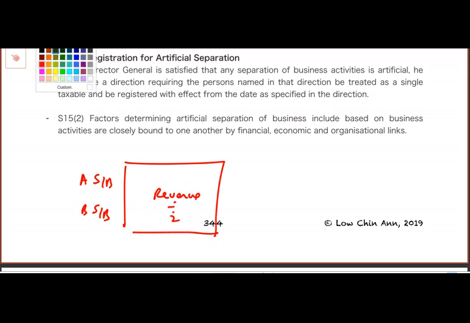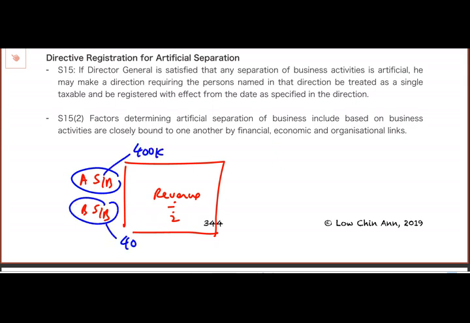So that I will record maybe 400,000 in company A, then the other 400,000 in company B. So the revenue is kept below 500,000. I don't have to worry about registration, right? Now that is an artificial separation. It's fake. Artificial is fake. There's a separation of business activity which is artificial.